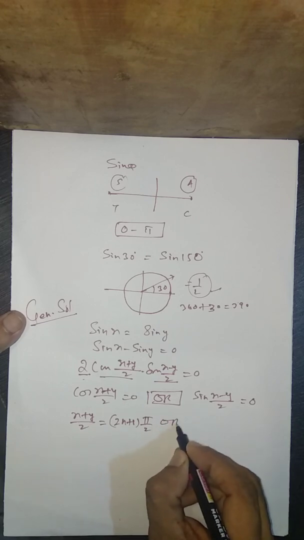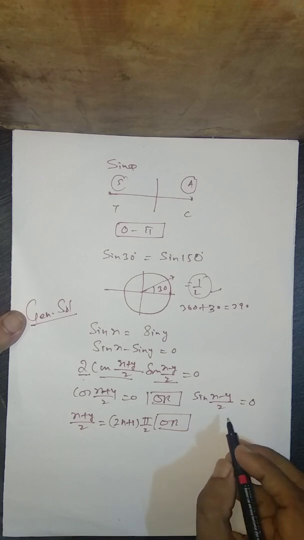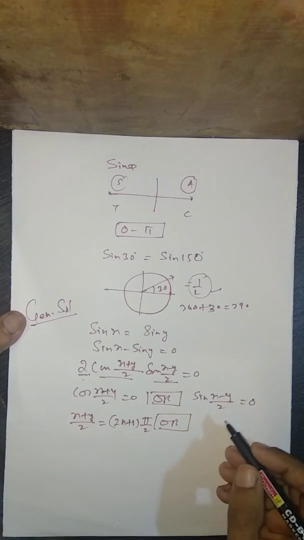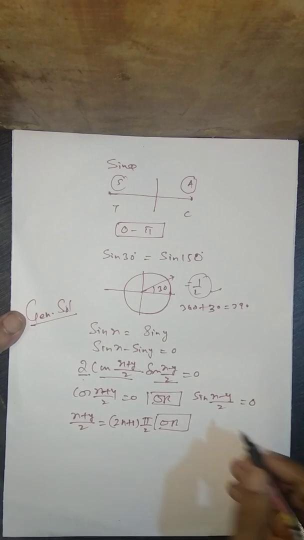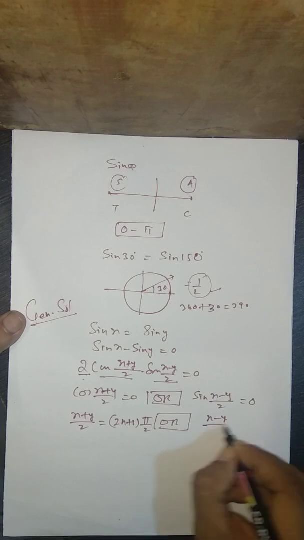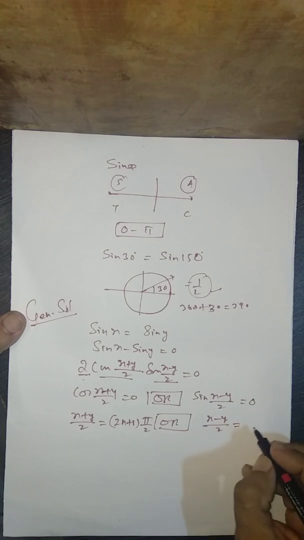And in this case, the sine can be 0 at the multiples of pi, that is 1 pi, 2 pi, 3 pi, 4 pi and so on. So we can write sine (x minus y) upon 2 is 0 when it is n pi.